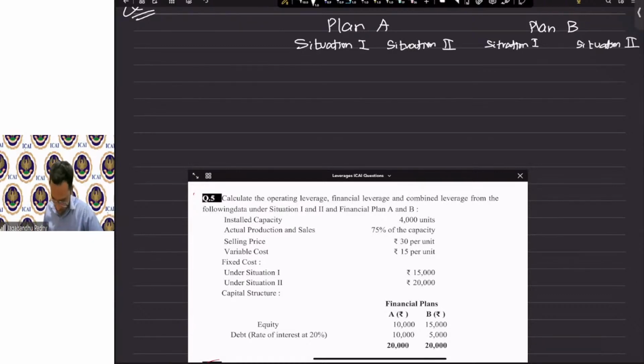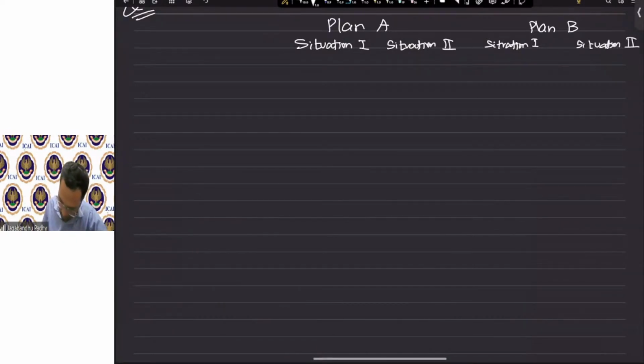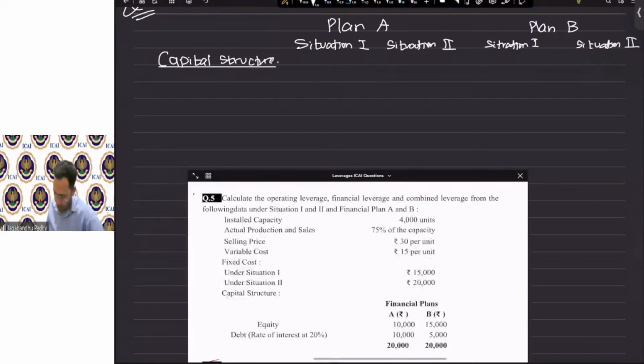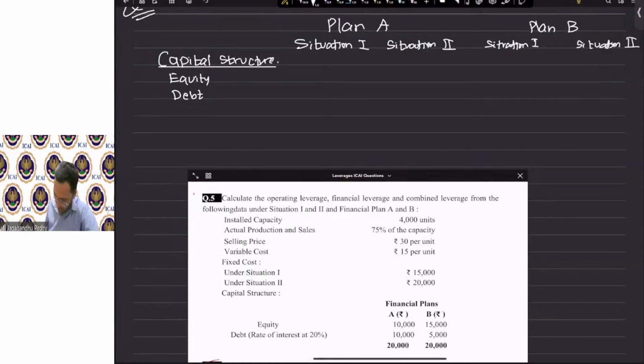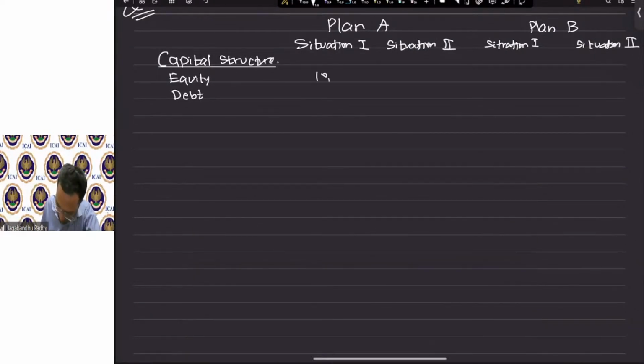So let's write down the capital structure first. Capital structure is equity and debt. Equity is 10,000 and 15,000, and debt is 10,000 and 5,000. So under plan A, it is 10,000 for both.